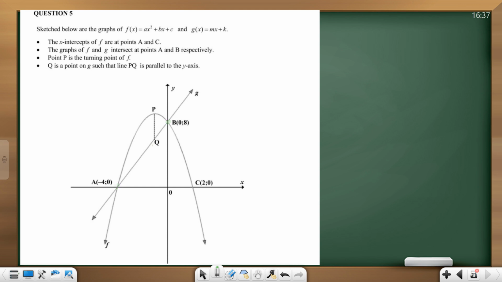Point P is the turning point. Q is a point such that line PQ is parallel. I spoke about all of this. Please go back to lesson 1. There were 8 or 9 points that we discussed. That remains a foundation for functions. So we are given all of this.